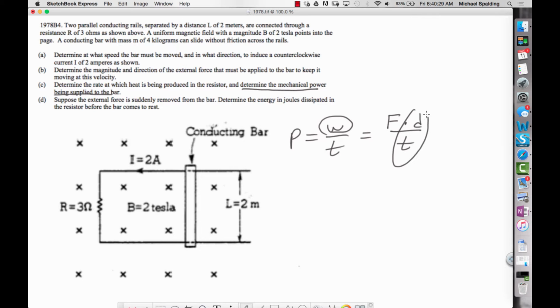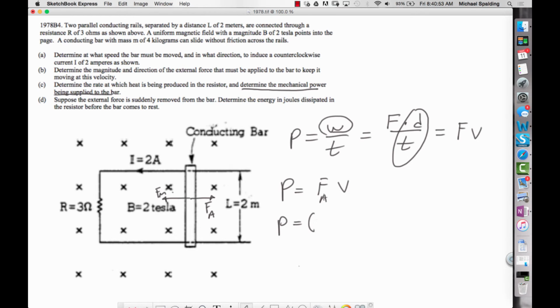Well, what's distance over time? Velocity. So a nice way to get the power delivered to this bar, because there's a force pulling this bar, the applied force, which is working against the force of the magnetic field, is to take the applied force multiplied by the velocity of the bar, which we have, and then we get the power.